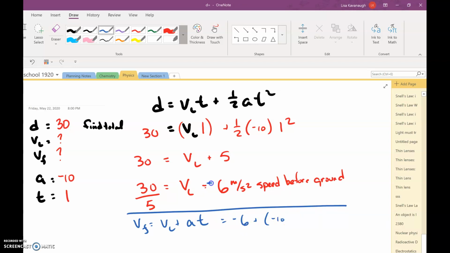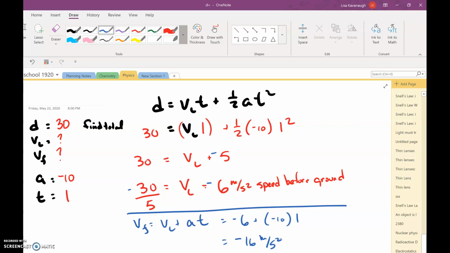Oh, it should be -6, sorry. Plus -10 times 1, or my V final is -16 meters per second squared. So I speeded up that much more.